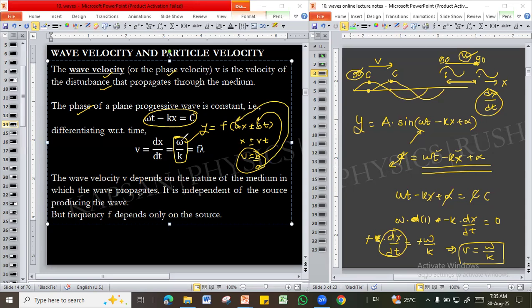This is b by a. This is also b by a: coefficient of time upon coefficient of x.